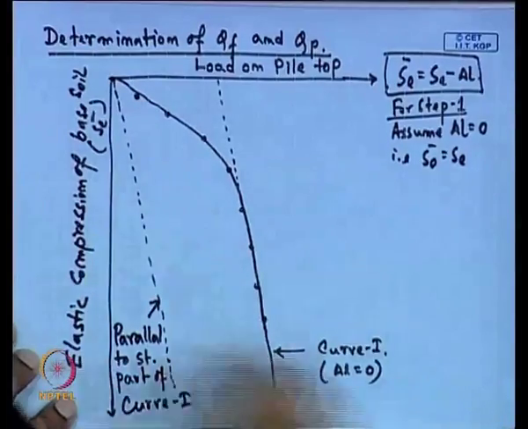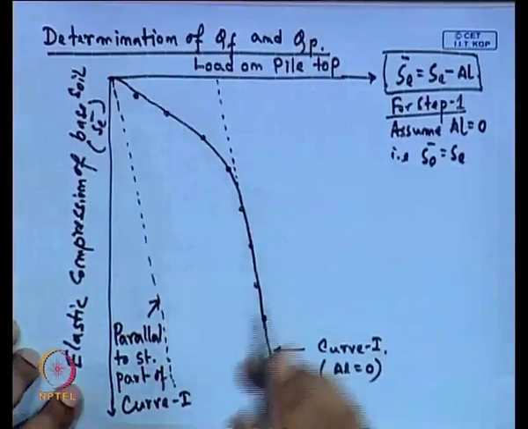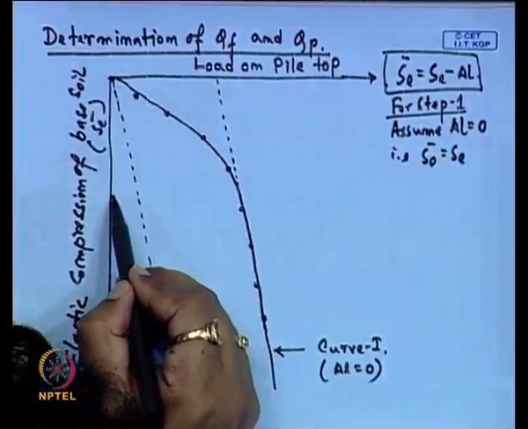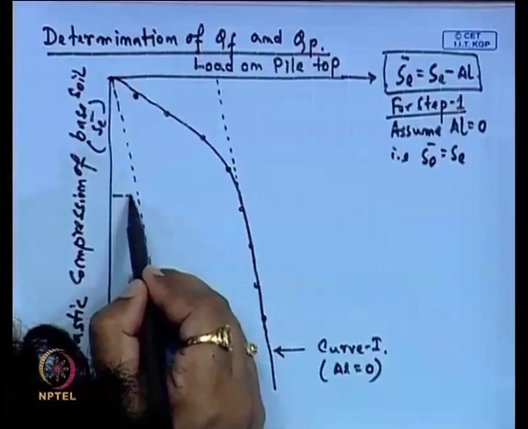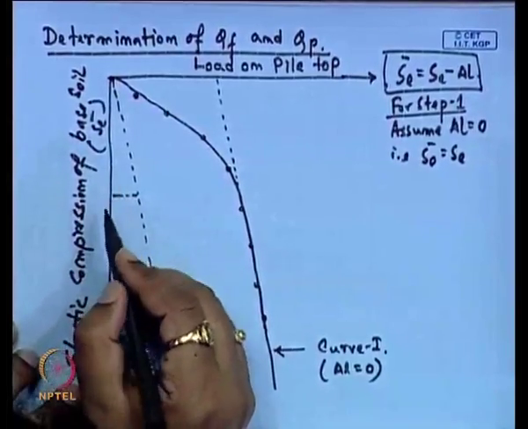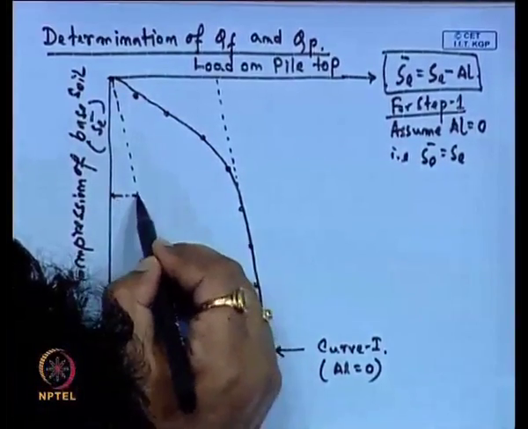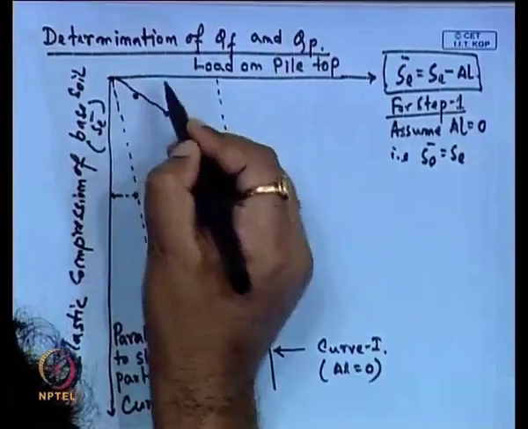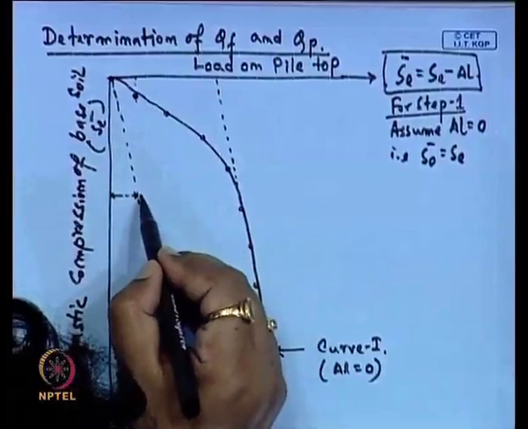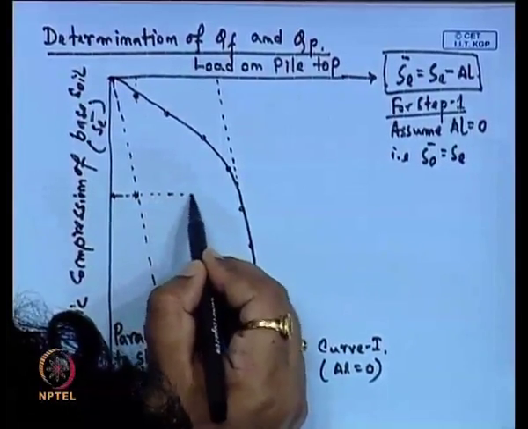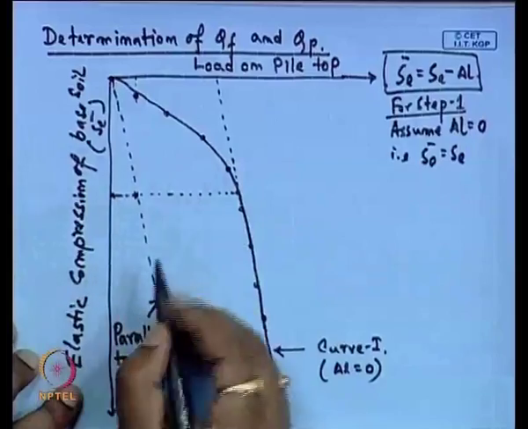Now, from this graph we will determine the value. This part will give you the point resistance for any loading increment, and this part will give the friction resistance.